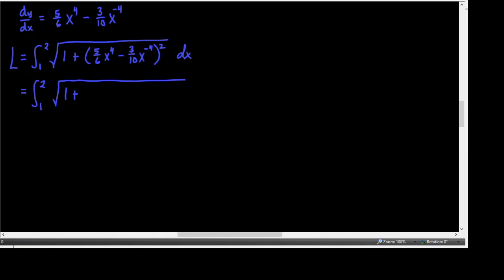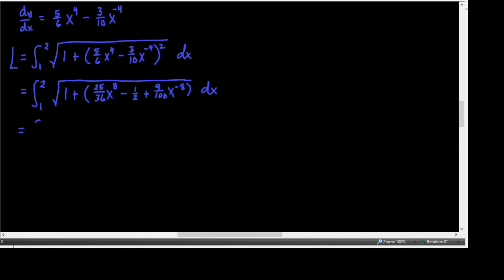So I'm going to square that binomial, which gives me the square of the first term, 25 over 36 x to the 4th squared is x to the 8th, minus 2 times 5/6 x to the 4th times 3/10 x to the negative 4th, which is going to simplify to be negative 1/2, plus the second term, 3/10 x to the negative 4th quantity squared, which is 9/100 x to the negative 8, dx.